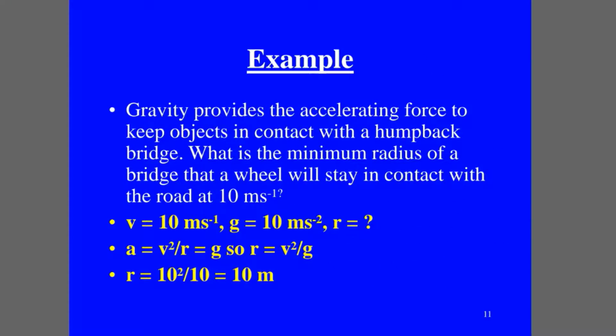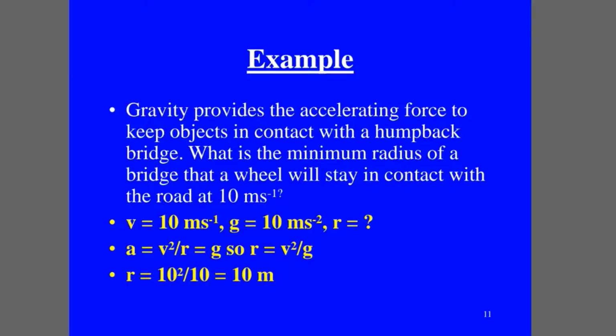Example for the above topics. Gravity provides the accelerating force to keep objects in contact with a humpback bridge. What is the minimum radius of a bridge such that a wheel will stay in contact with the road at 10 meters per second? So we need to solve this problem. Here we need to find the minimum radius.